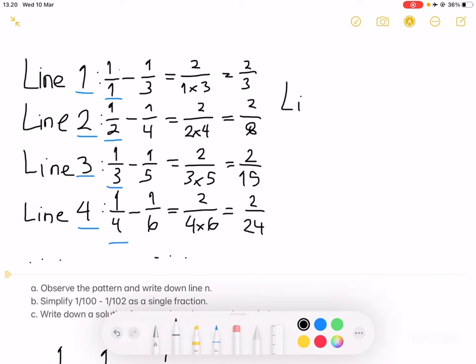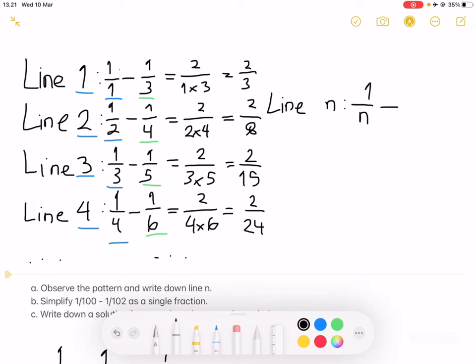And therefore, if we're given line n, that means the numerator of the first fraction will still be 1, and then the bottom part will be n. And I will just perhaps write this in a more neat way. There we go. And then notice that these numbers are 2 above the term order.